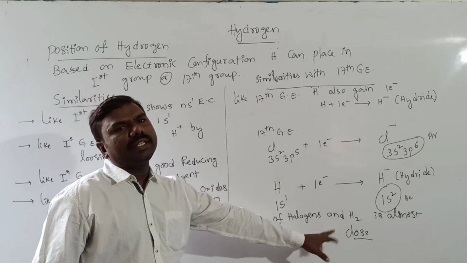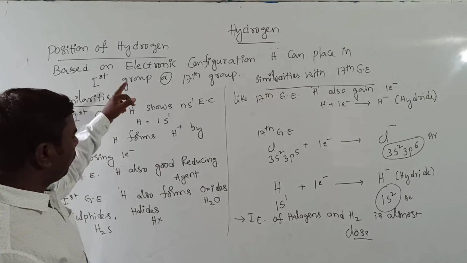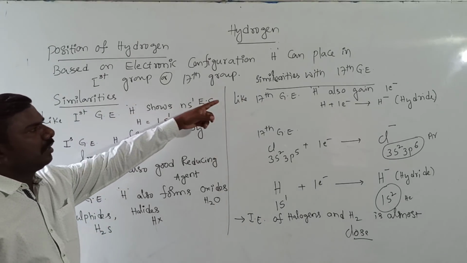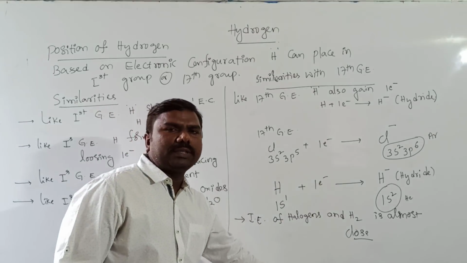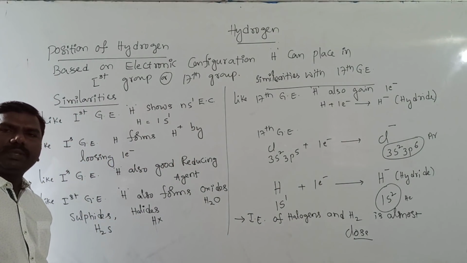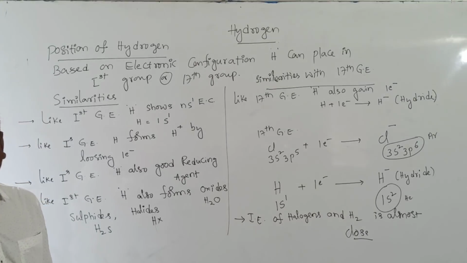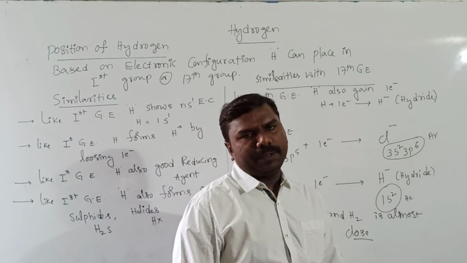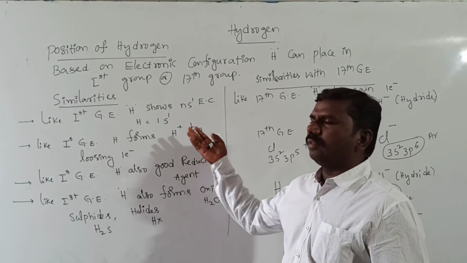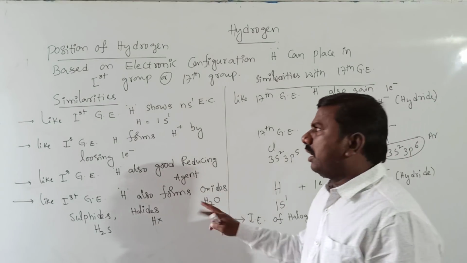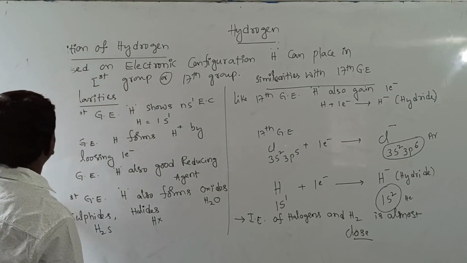These are the similarities with the 17th group, similarities with the first group elements. 17 means fluorine, chlorine, bromine, iodine, halogens, and first group means lithium, sodium, potassium, rubidium, like that. Now, by these points, we can place hydrogen in first group or 17th group. But differences also we will observe.